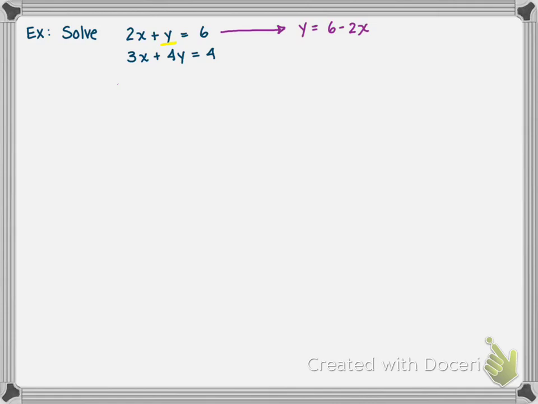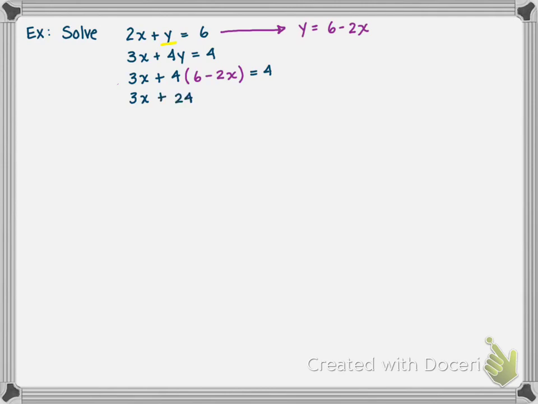So we have 3x plus 4, replacing our y with (6 minus 2x), equals 4. And then again, we've created an equation that has just one variable in it. So we're going to solve for x.